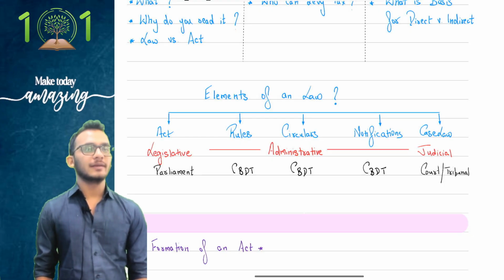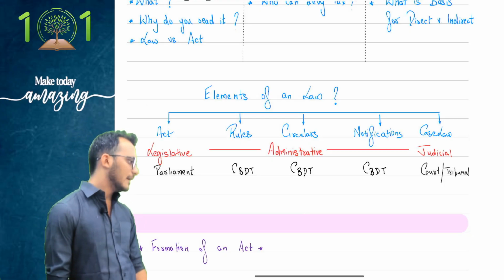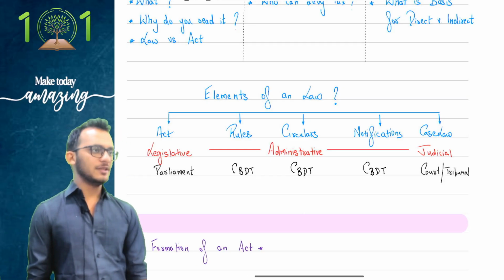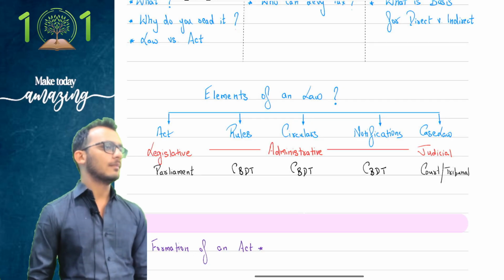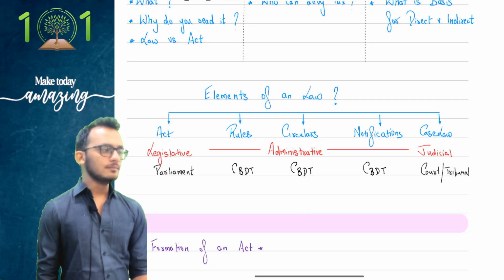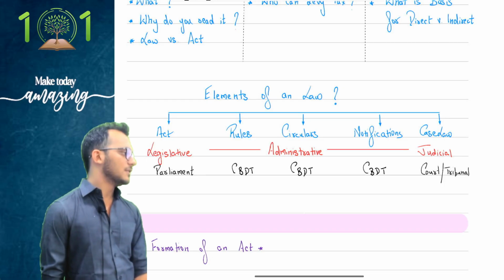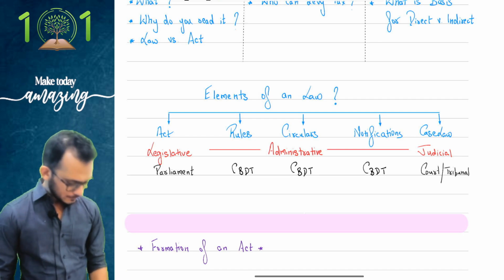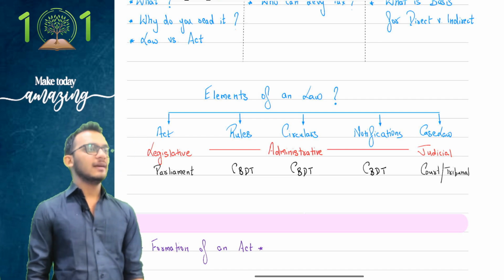The first item is creating an act. So the next heading is called formation of an act. Help me out, people, jog your memory. How do we create an act?